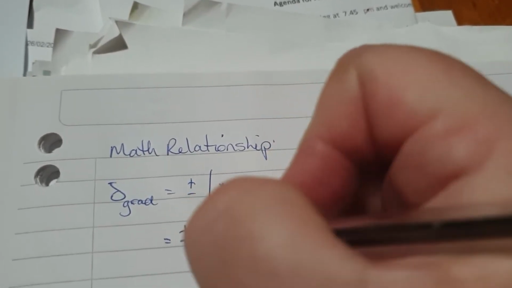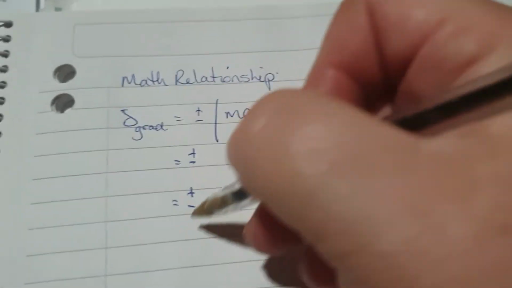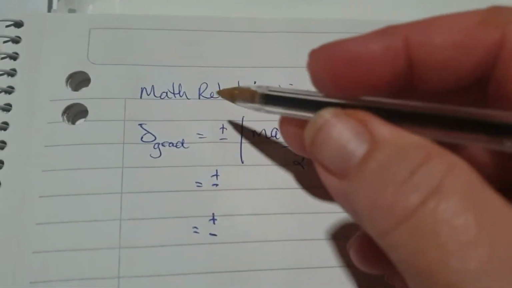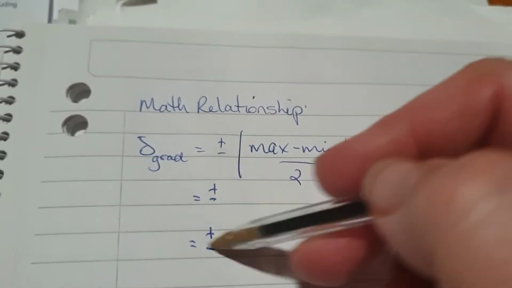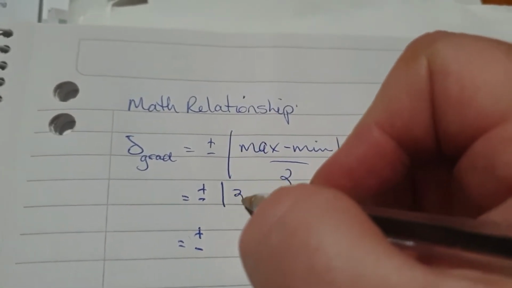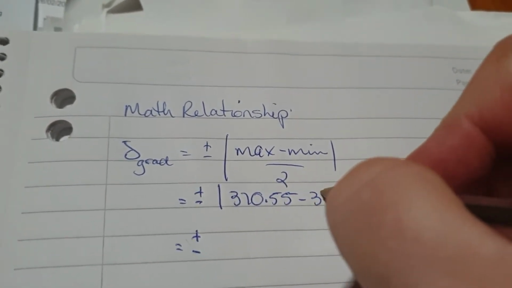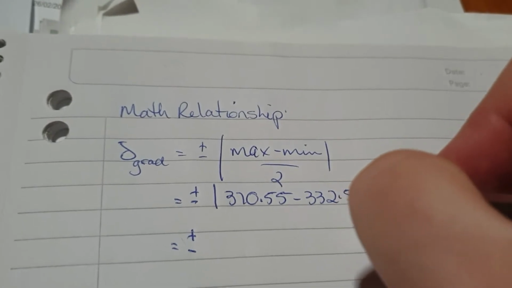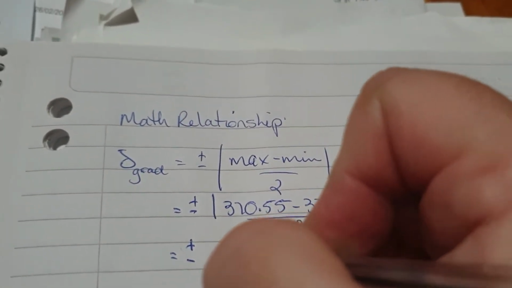It might be a good idea to give yourself a little line of plus or minuses, because it is easy to forget them and they are important. To get the full marks, you're going to have those in it. So plus or minus, the maximum is 370.55 minus 332.54, divided by 2, and that gives us 19.